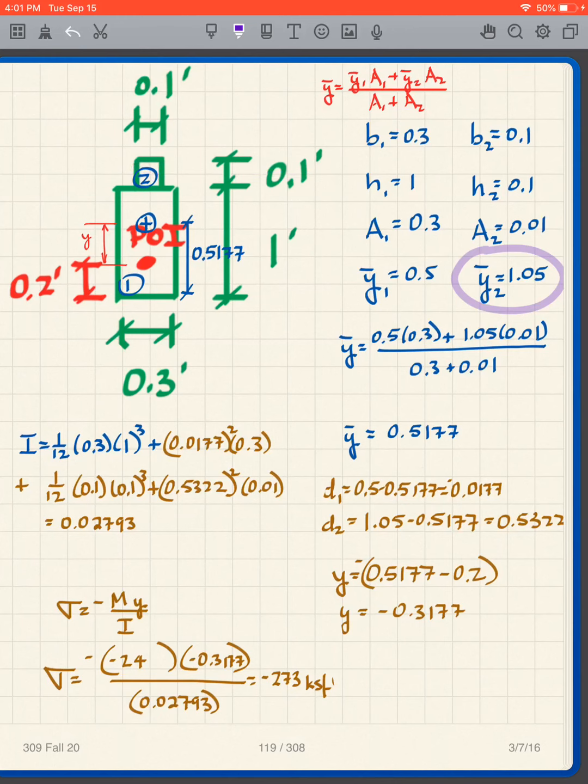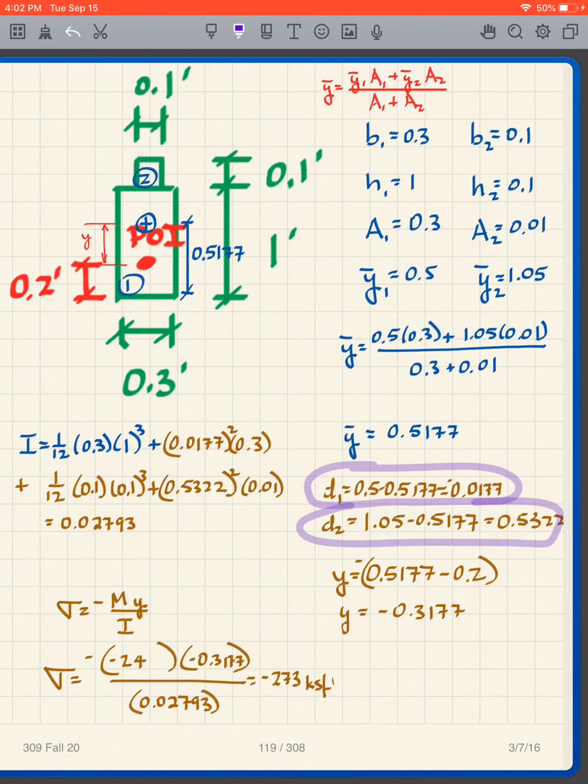So I now take these two, I plug them into my y bar expression. I get my y bar. I then get my d1 as y bar minus y bar 1, d2 y bar minus y bar 2.